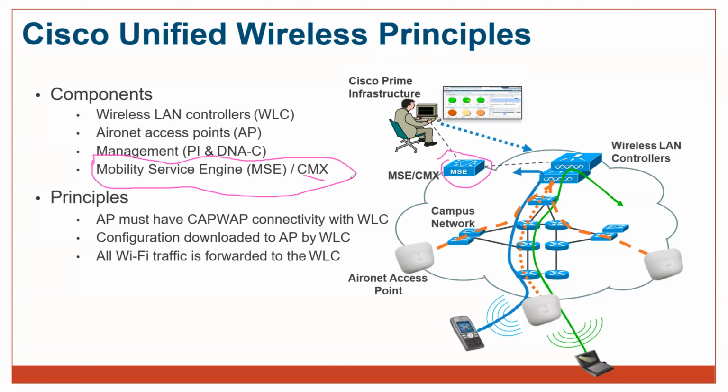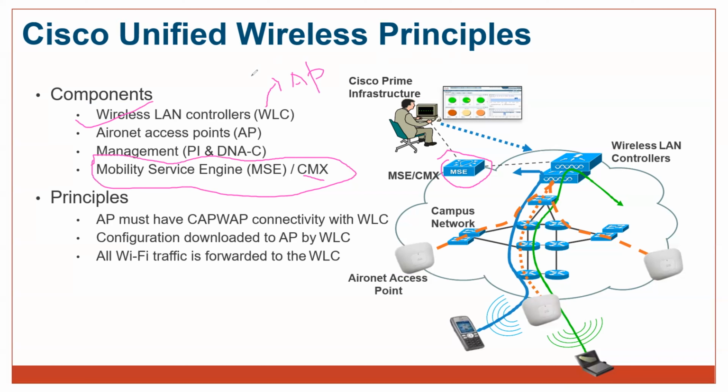Again, this is purely wireless terminology. So these are the wireless components. You have WLCs. Why do you have WLCs? Because WLCs are nothing but the control plane, and from a WLC you can configure and manage a good number of access points.